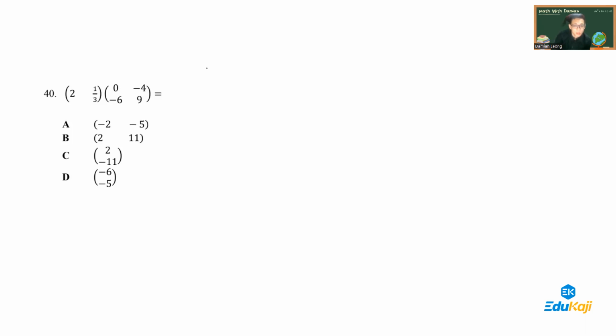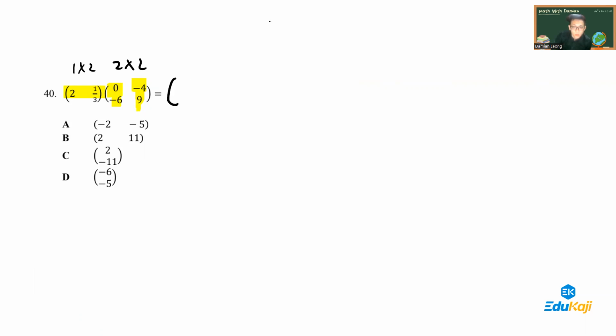Question 40. This is multiplication of matrices. For the first matrix follow the row, for the second matrix follow the column. This one has one row, two columns, and two rows, two columns. So it will end up as a 1 by 2 matrix, one row, two columns.